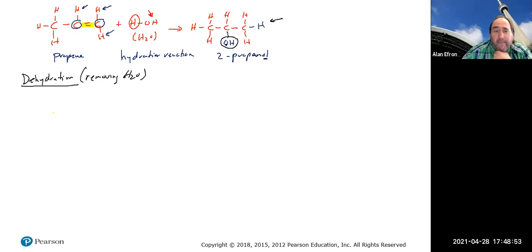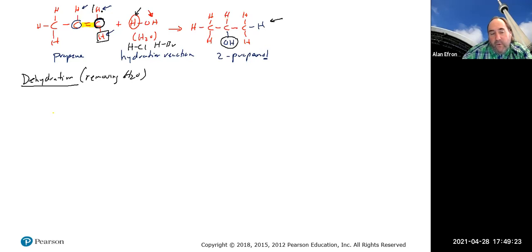Very badly pronounced name there, but basically the rule is, when you're adding something like hydrogen and something else like water to an alkene, we also talked about HCl or HBr, you're going to add hydrogen and some other group. There's a rule that says that the hydrogen that's coming in will always end up at the carbon that originally started with the most hydrogens. Okay.